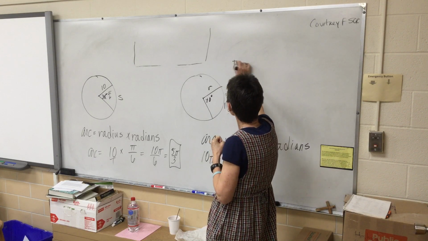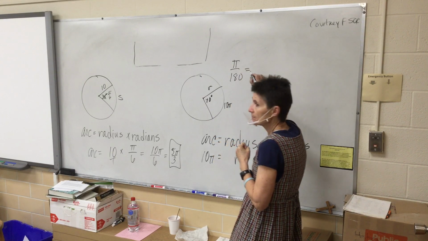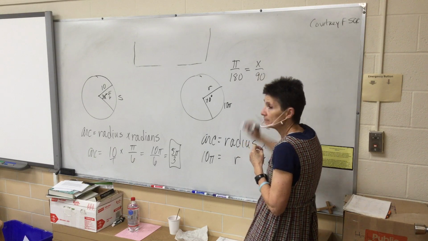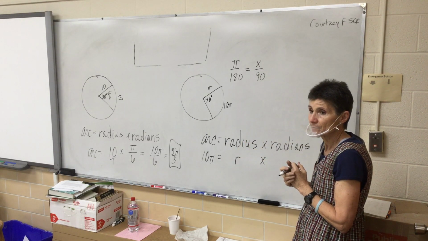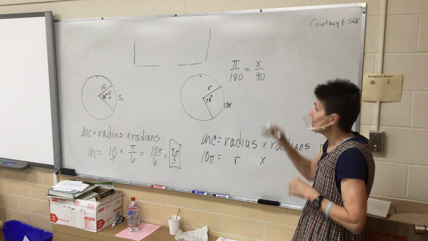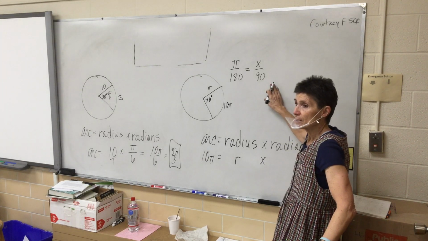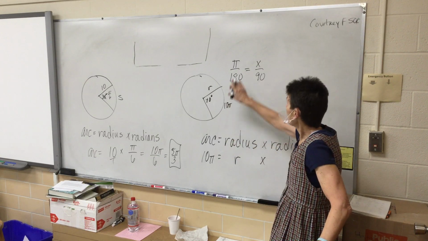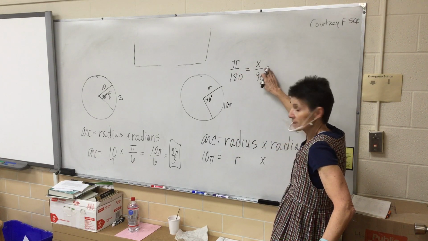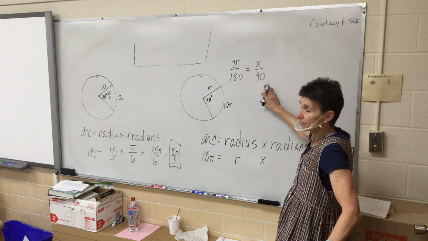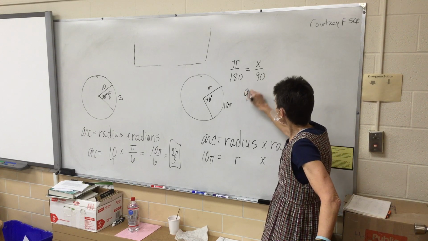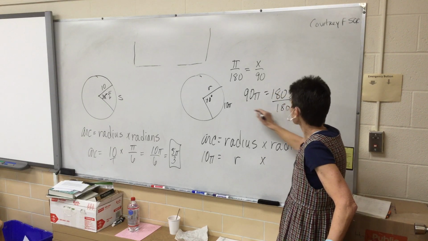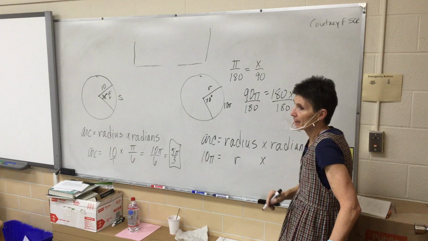So pi over 180 equals x over 90. This is how we change from degrees to radians or radians to degrees. Pi over 180 equals something over 90. So 90 pi equals 180x. You're cross multiplying, right? Yep, cross multiply.